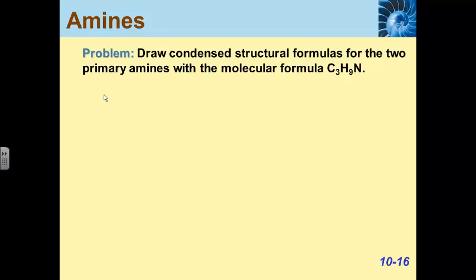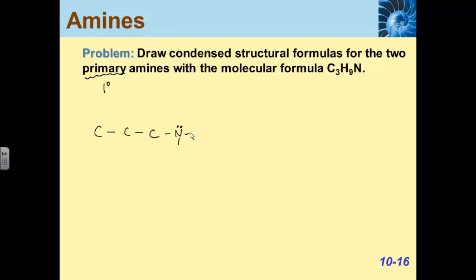Draw these structures out. Suppose, oh no, I'm thinking wrong. I can get these to be 2 primary. So this is key. 2 primary says no matter what I do, I can only have 1 carbon attached to the nitrogen. So let's get a bearing here. We got 3 carbons in a row. To make them both primary, which means I can only have 1 carbon attached to it, one obvious structure is to put it at the end.